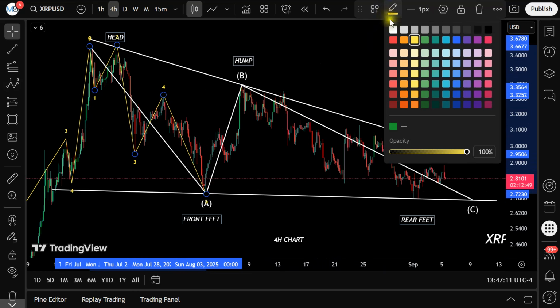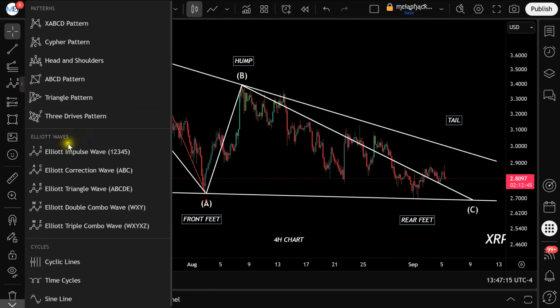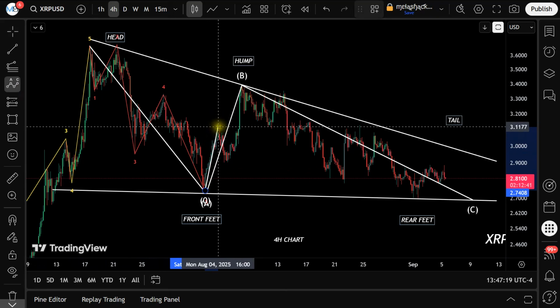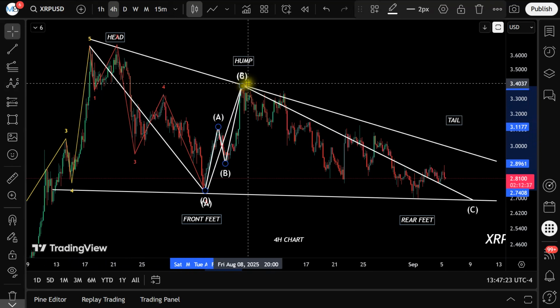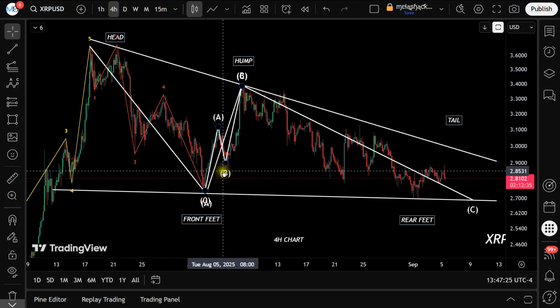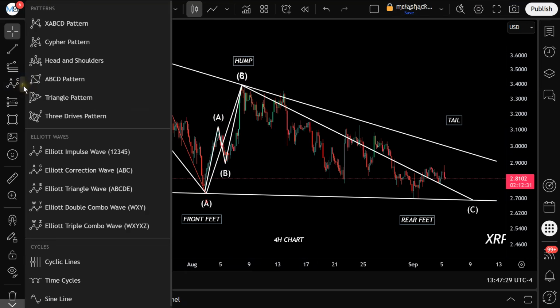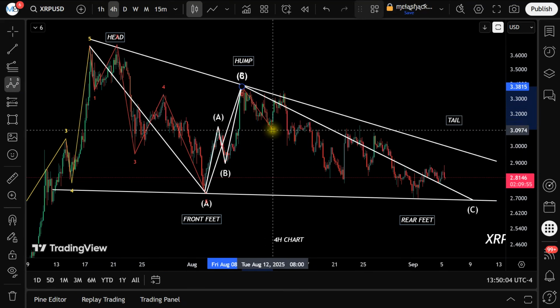I'm going to color this in red. We then have a 3-wave move up in the form of an ABC correction. So 5 waves down, 3 waves up. We then step back into another 5-wave move to the downside.